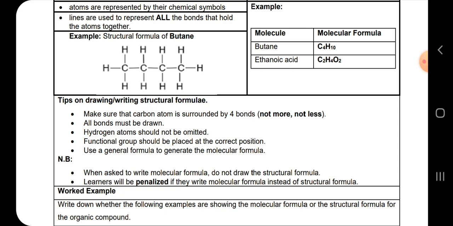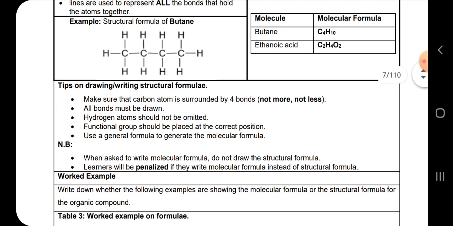And then the second carbon from your left: the upper one is bonding with hydrogen, on the left hand side it is bonding with another carbon, on the bottom it is bonding with another hydrogen, and on the right hand side it is bonding with another carbon. So that's what they say when you are drawing: make sure a carbon atom is surrounded by 4 bonds, not more, not less.